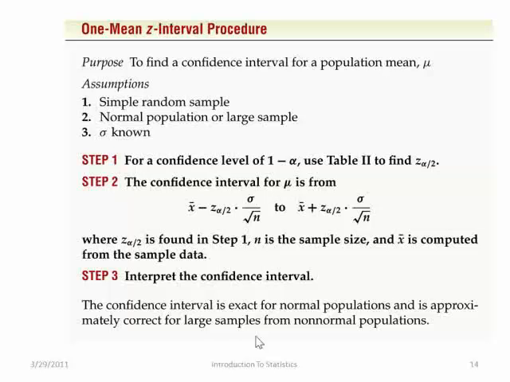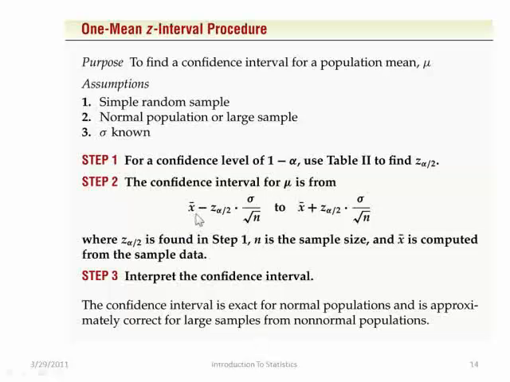So I'll say it just one more time. If the sample is large or sigma is known, use the z. I'll come back and give you a few other conditions in a little bit.